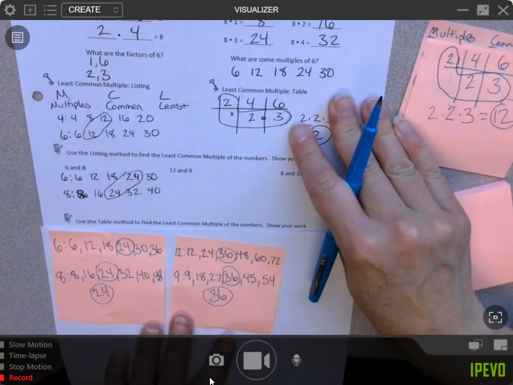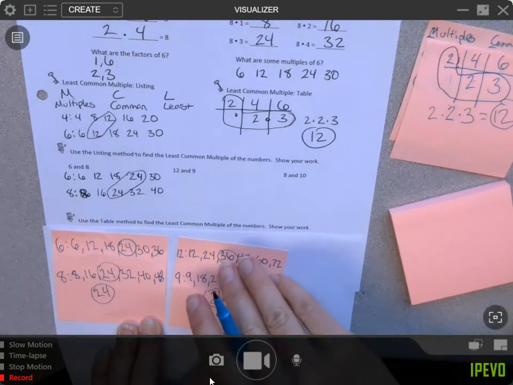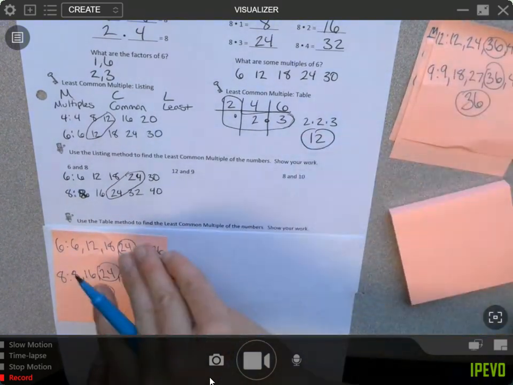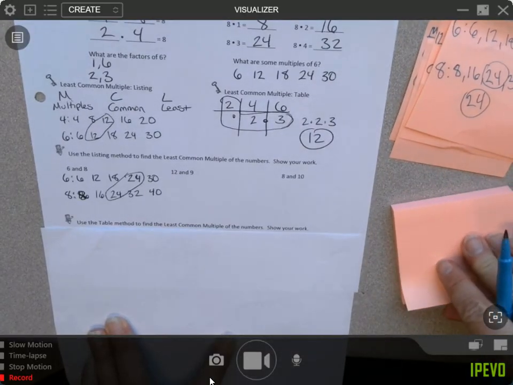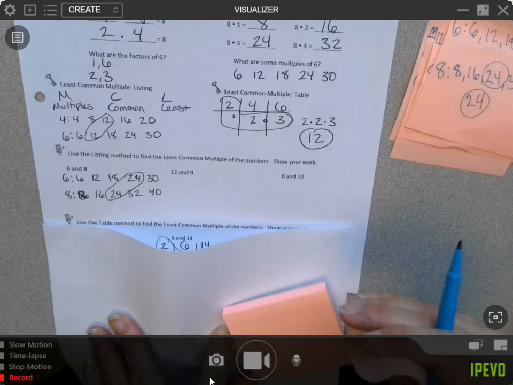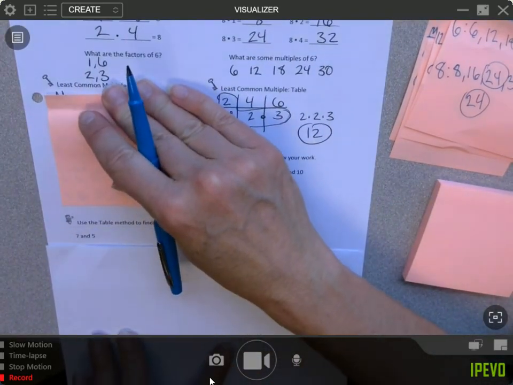Let's look down at the table method. So let's do the table method for 7 and 5.